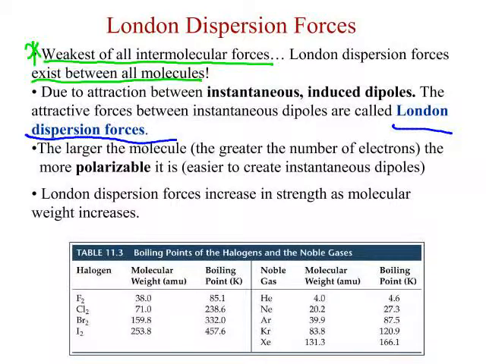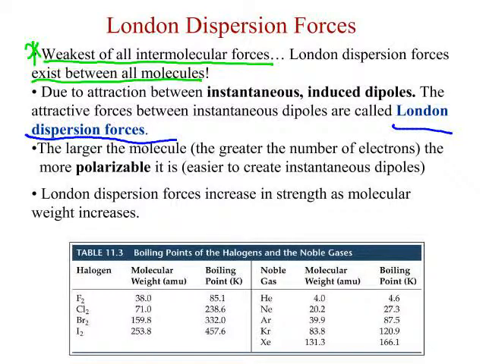Now, we said that dipole-dipole attractions increase as things become more polar. Well, the magnitude of dispersion forces increases when molecules become more likely and more capable of having these instantaneous dipoles. In other words, the more electrons something has, the easier it can form an instantaneous dipole, the more readily they'll be attracted to each other, and the stronger those attractions are going to be.